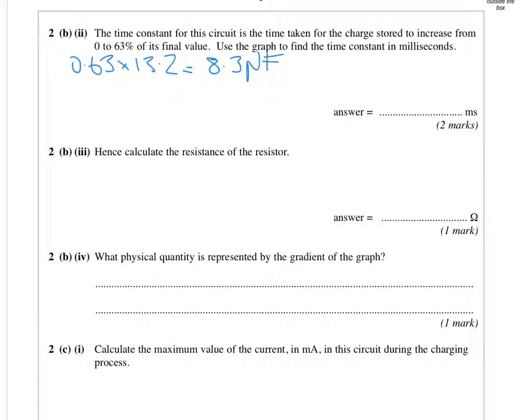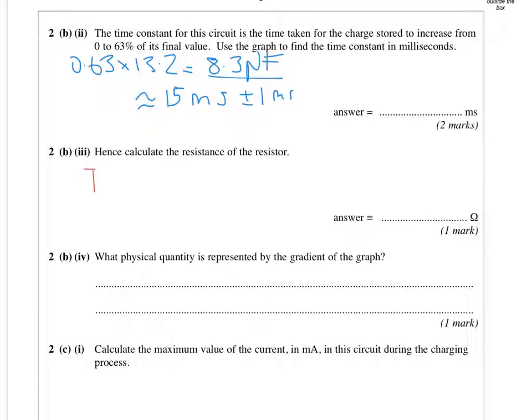So if you look at your graph and read off, you should get approximately 15 milliseconds for the time constant. You're looking for this value and reading off a time for it, and you'll have a small variation, usually plus or minus 1 millisecond. From that we want to calculate the resistance.